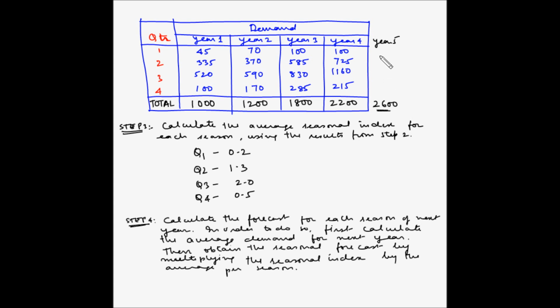Let's find out the average demand, that is the demand that would occur for year 5 without any seasonality. Now we have 4 seasons for year number 5, so 2600 divided by 4, which is 650, is the average demand for year number 5.